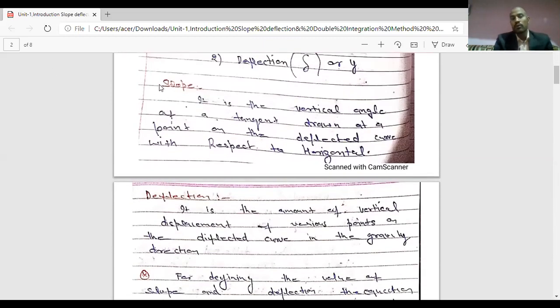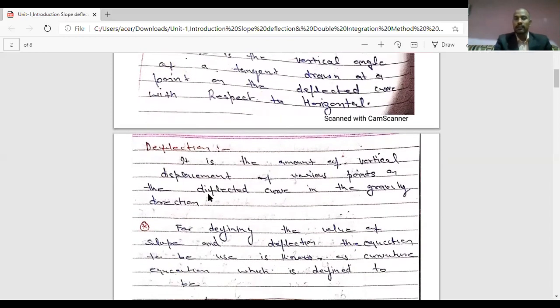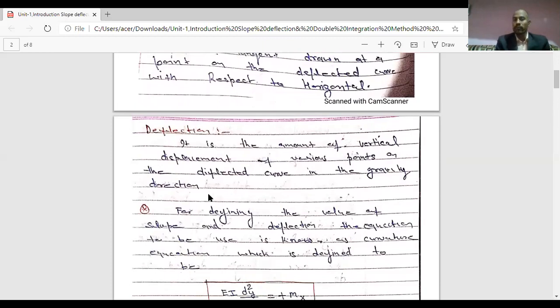You know about slope and deflection. I repeat it again. Slope is the vertical angle of a tangent drawn at a point on the deflected curve with respect to horizontal. Second, deflection. It is the amount of vertical displacement of various points on the deflected curve in the gravity direction.